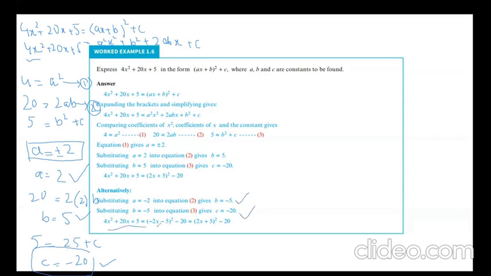So in the first case a equals plus 2, b is 5 and c is minus 20, and in the second case a equals minus 2, b is minus 5 and c is minus 20. So we compute the two equation values.